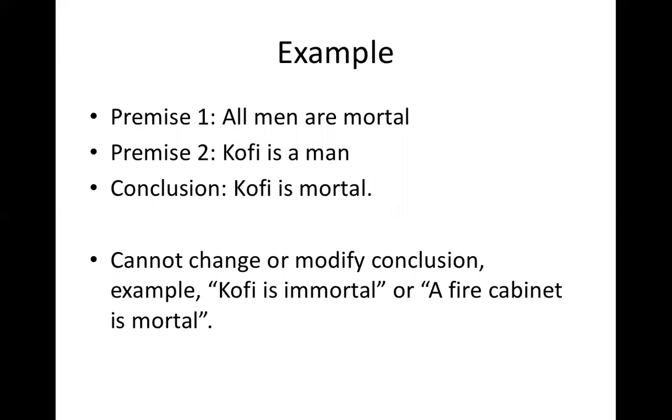Now, Kofi is a man, so the conclusion is supposed to be saying something about Kofi. So Kofi is going to be the subject or the reference class of the conclusion. So the conclusion would be Kofi is mortal.